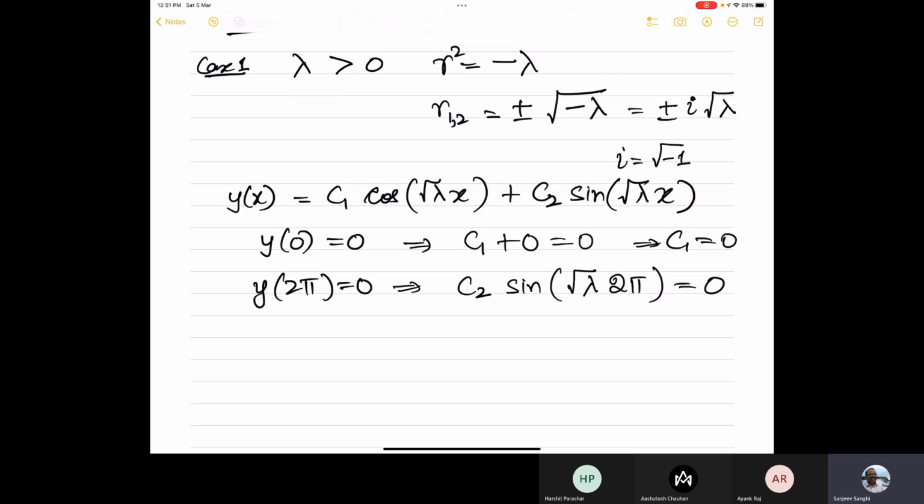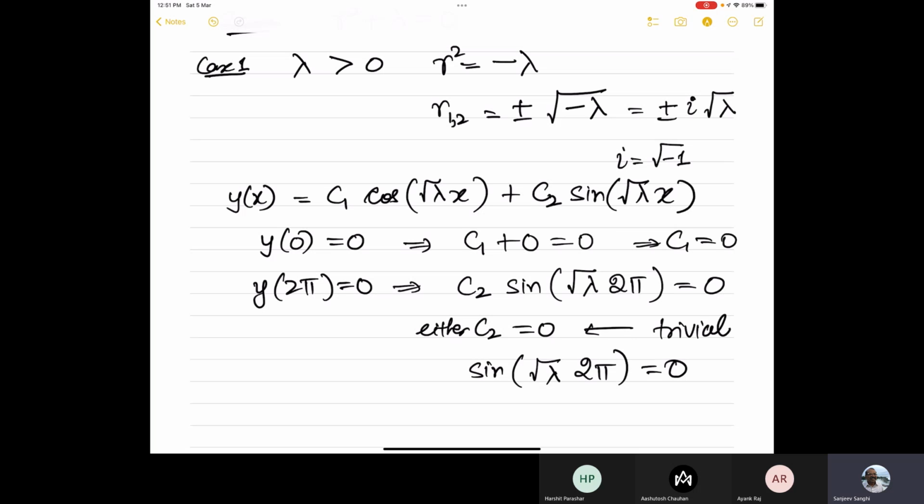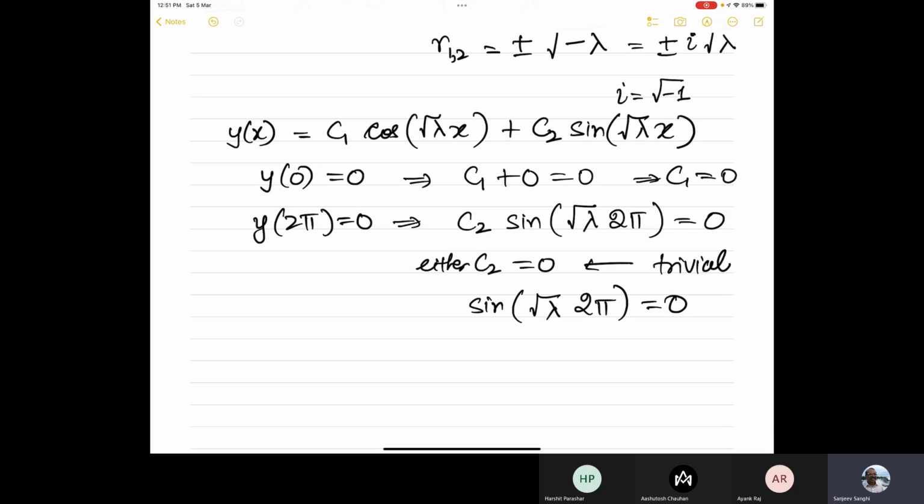Okay, so now there are two possibilities. Either c2 is equal to 0 or sine of square root of lambda times 2 pi is equal to 0. Now c2 equal to 0 will give us the trivial solution because both c1 and c2 are 0, so y will be 0.